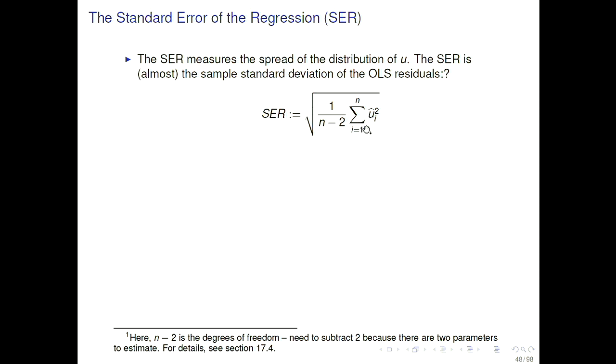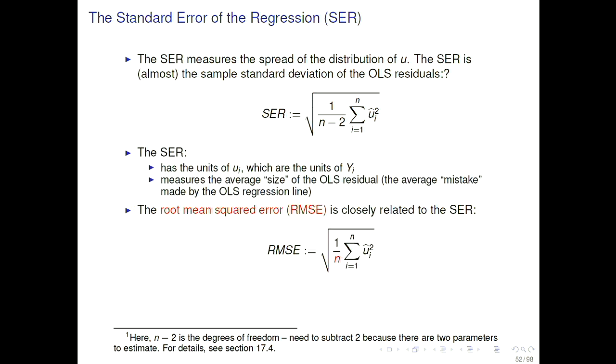Depending on the unit of the left-hand side variable, you will have a different unit for SER. An alternative measure is root mean squared error, or RMSE. Everything is the same, but you ignore the degrees of freedom. When you have a large sample, RMSE is the same as SER, so there's no distinction between these two.